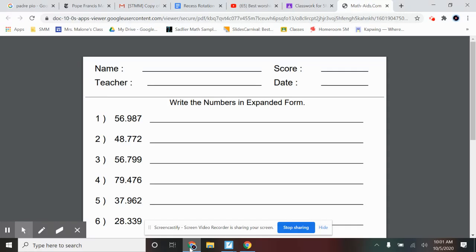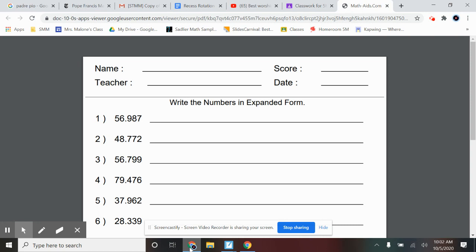Did you say number 3 in the fraction way? I think I did, but in case you didn't hear me, I'm only going to give you the numbers that are fractions. 7 over 10, 9 over 100, 9 over 1,000. Okay. All right, number 5, 30 plus 7 plus 0.9 plus 0.06 plus 0.002.